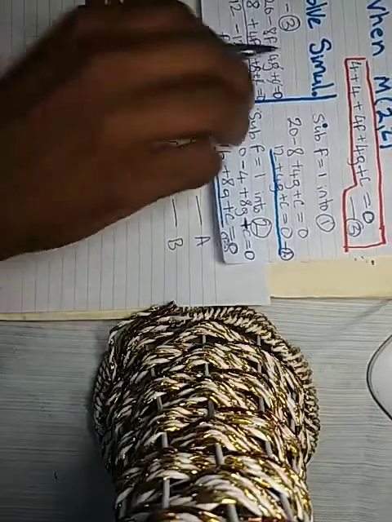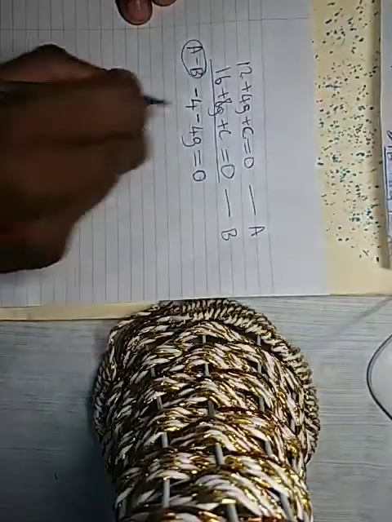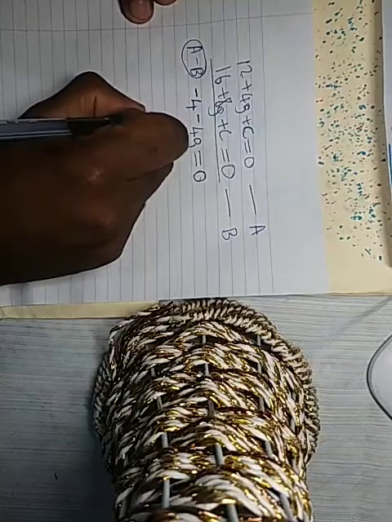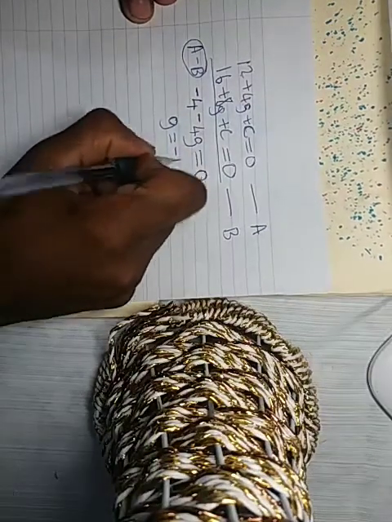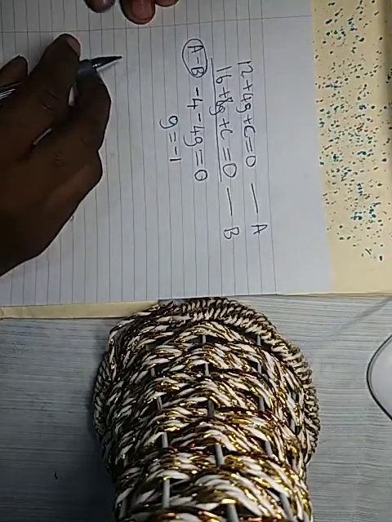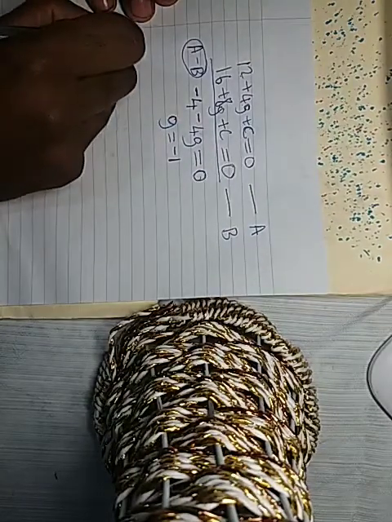The c's cancel, so this is equal to 0. And from here we can see that g would be equal to negative 1.